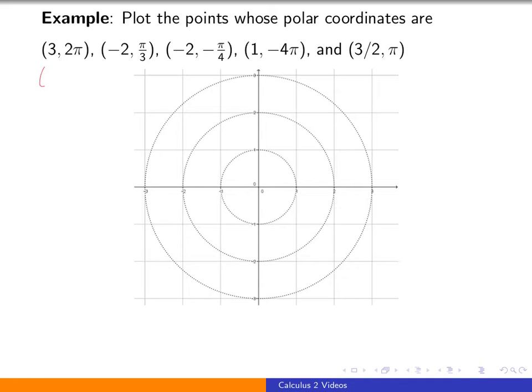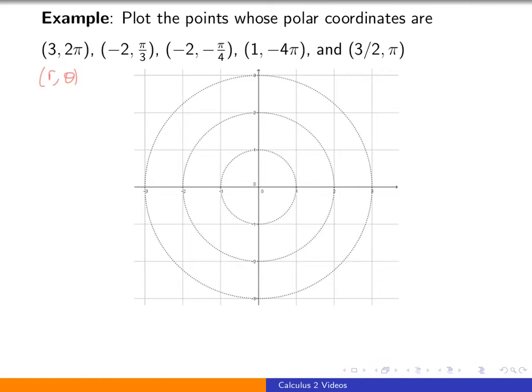And let's just recall this is r comma theta. So theta represents that angle we have starting at the positive x-axis, or what was formerly the positive x-axis, and a positive theta value means we go in the counterclockwise direction. A negative theta value would indicate that we go in the clockwise direction. So if we go 2 pi, we end up back on that same axis. We go once around.